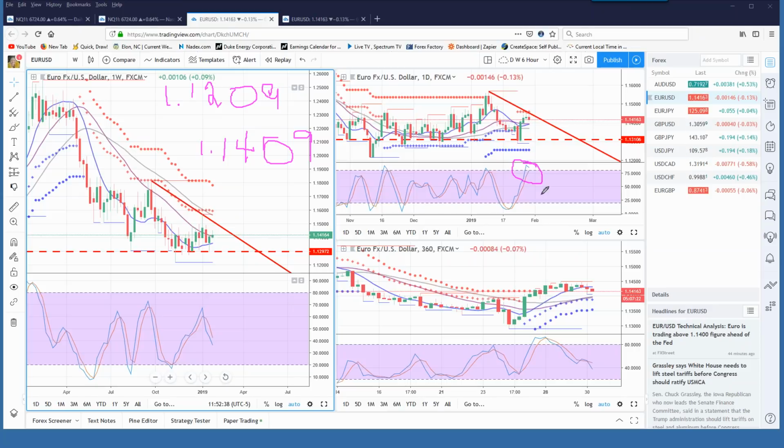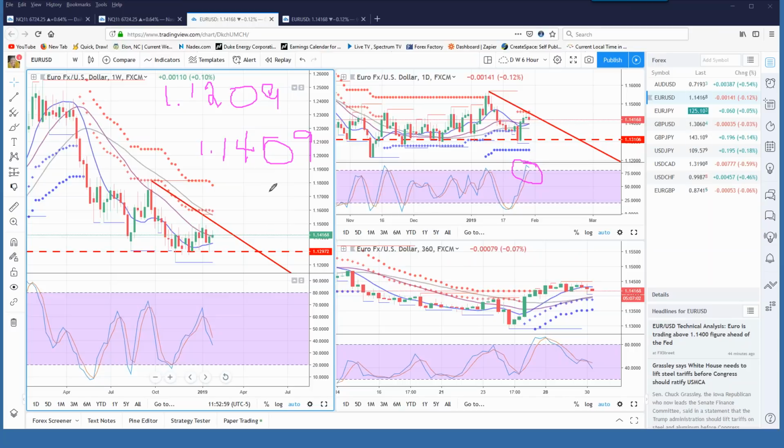Any guesses? What direction is the trend line going? It's going down, so I'm short. Absolutely correct. I am short.